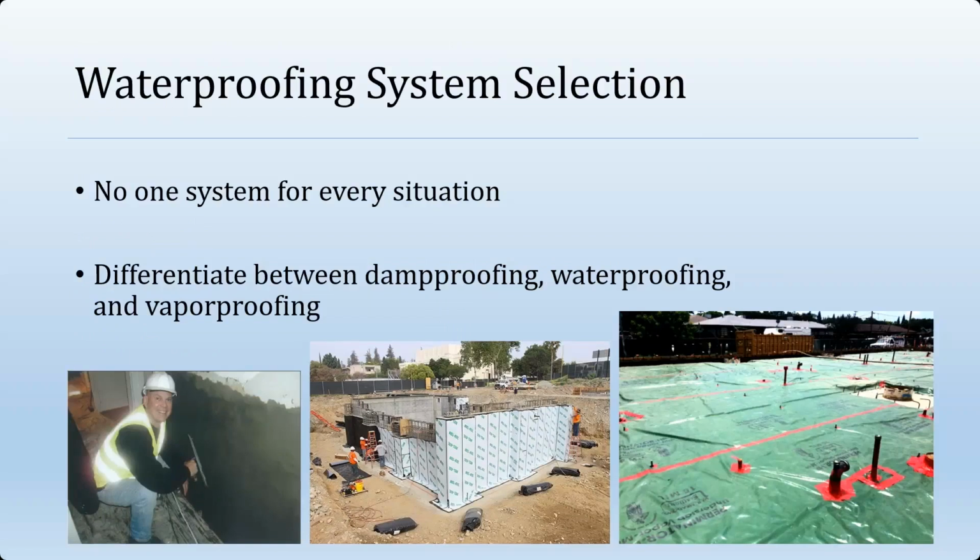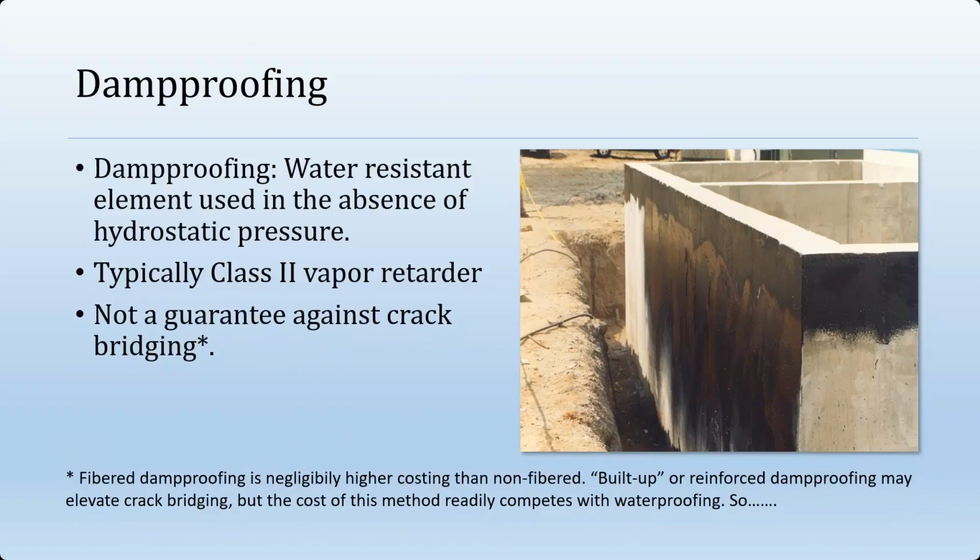So, waterproofing system selection: this is an old, long-held tenet, which is no one system for every situation. The first order of business, as I alluded to, is to differentiate between damp proofing, waterproofing, and vapor proofing. So what is damp proofing? Damp proofing is a water-resistant element used in the absence of hydrostatic pressure.